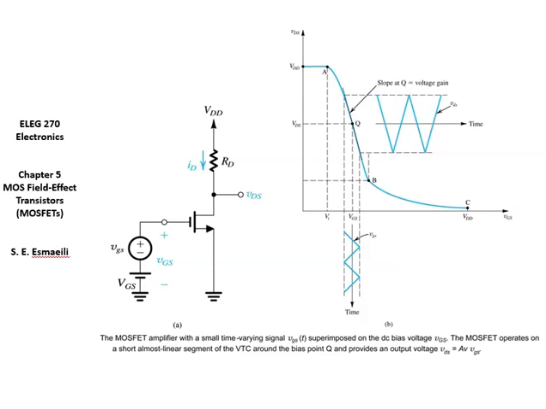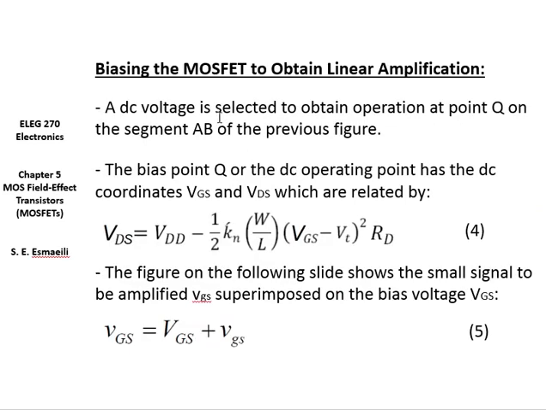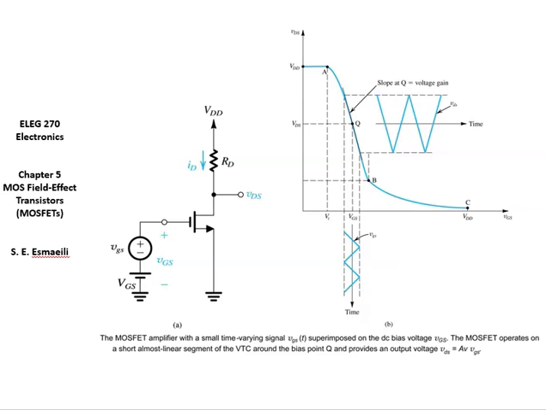And last but definitely not the least is the amplifier application of the MOSFETs. So here you have to remember one thing: unlike BJT, MOSFET can work as an amplifier only in the saturation mode, because BJT was working as an amplifier when we were in the active mode.